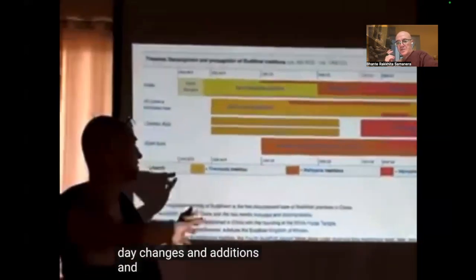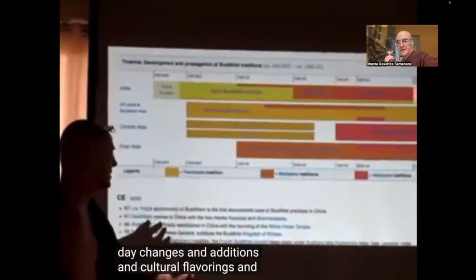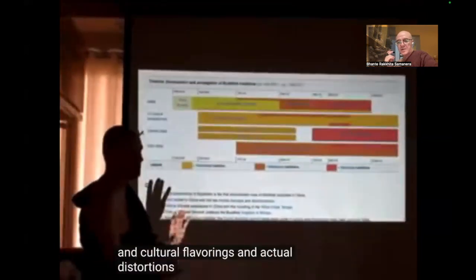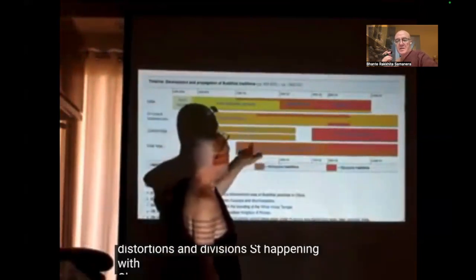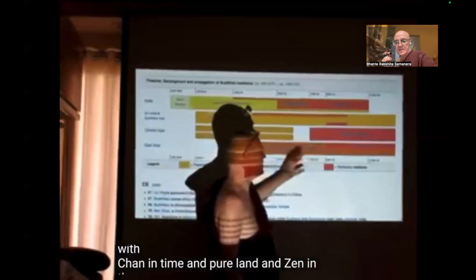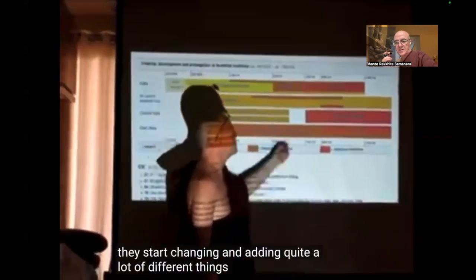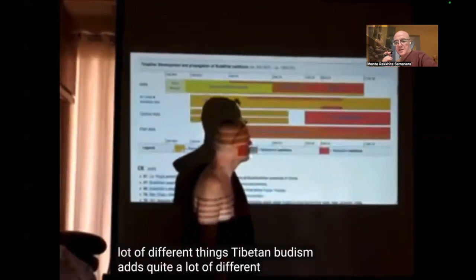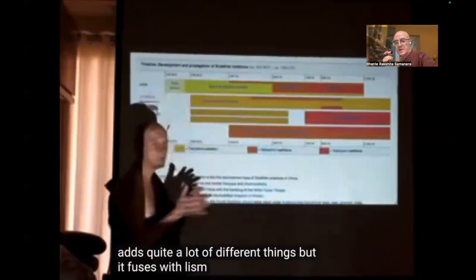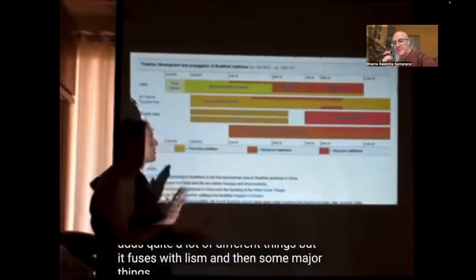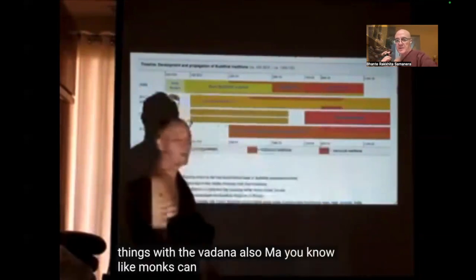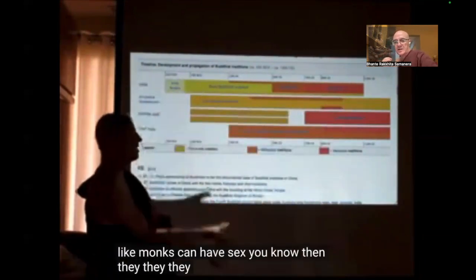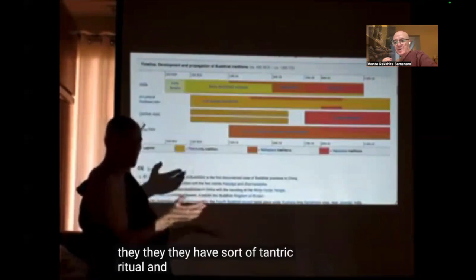Changes and additions, cultural flavorings, and actual distortions and divisions start happening, with Chan, Pure Land and Zen changing quite a lot of things. Tibetan Buddhism fuses with Lamaism, and there are major things with the Vajrayana, like monks can have sex, and tantric rituals.